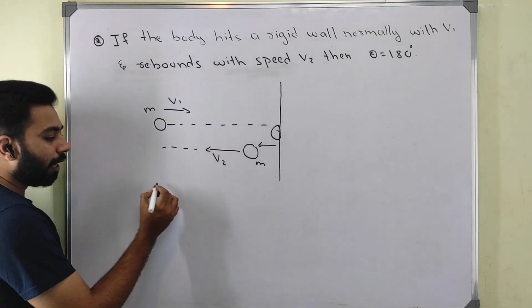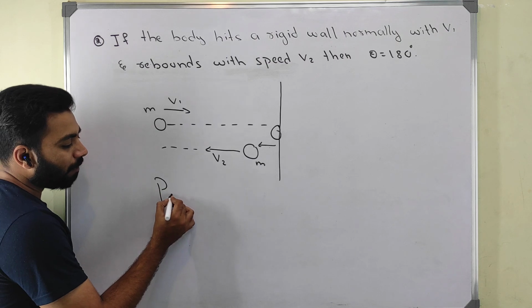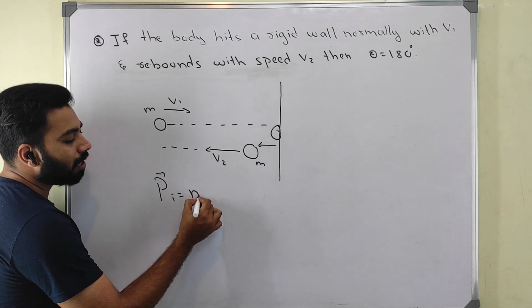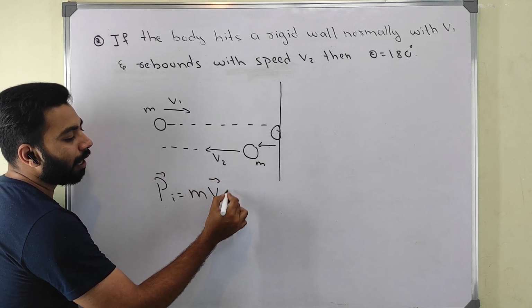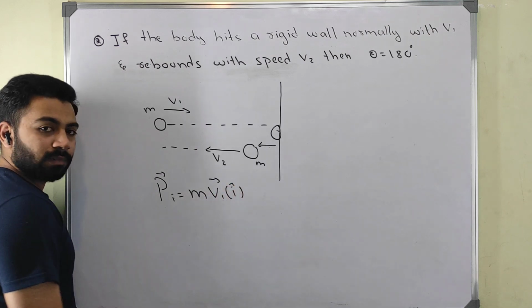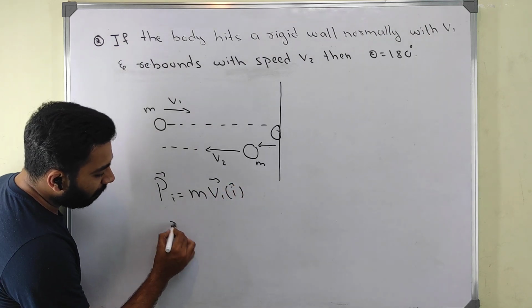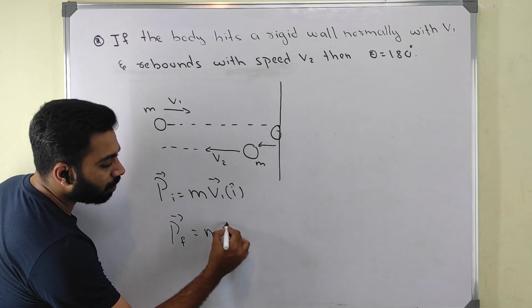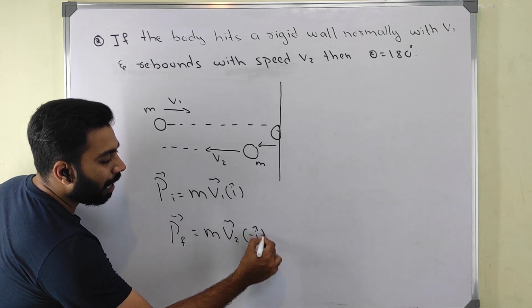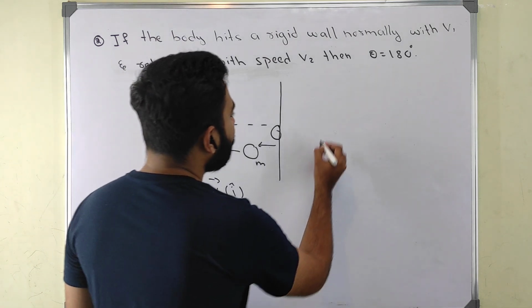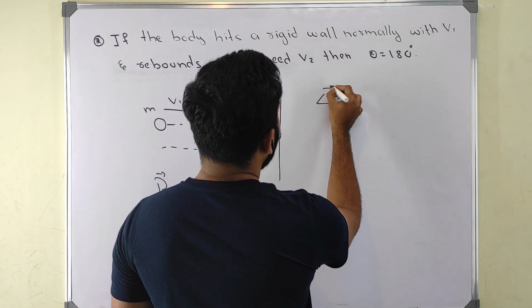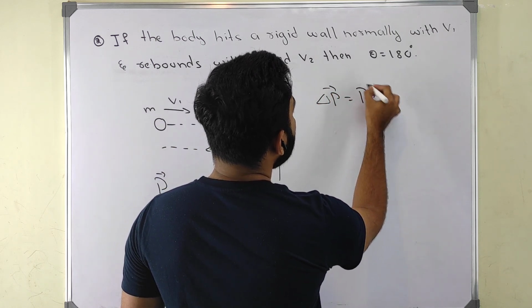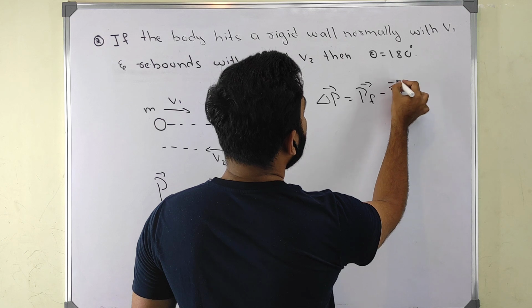See, very simple. Here also the same thing. What is my initial momentum? It is mass into velocity v1, which is in the i cap direction. Now, what is my final momentum? Final momentum is mass into velocity v2, which is in the minus i cap direction. Now, if I ask what is my change in momentum, you will say, sir, final momentum minus initial momentum.